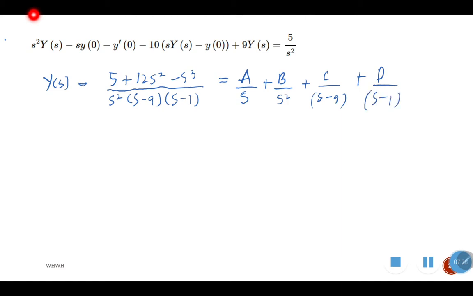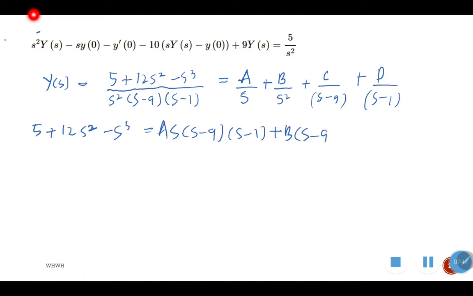From here we cross multiply, so we have 5 plus 12 s squared minus s cubed equals a s times s minus 9 times s minus 1, plus b times s minus 9 times s minus 1, plus c s squared times s minus 1, and plus d s squared times s minus 9.